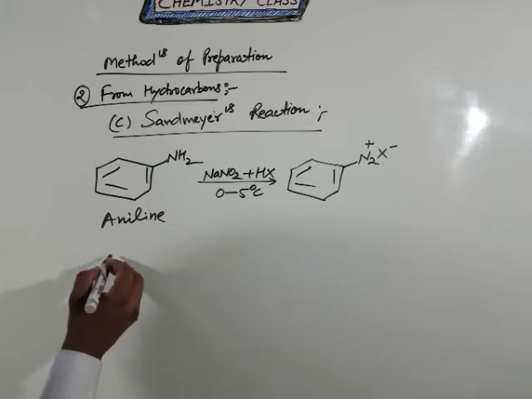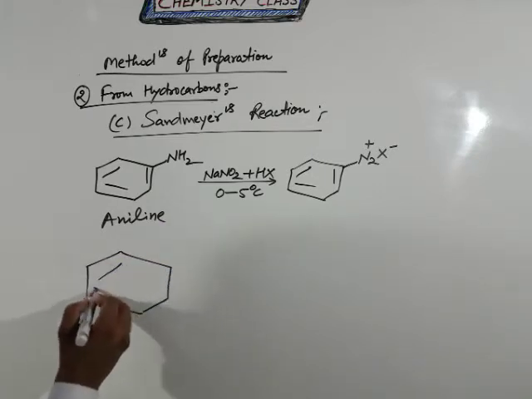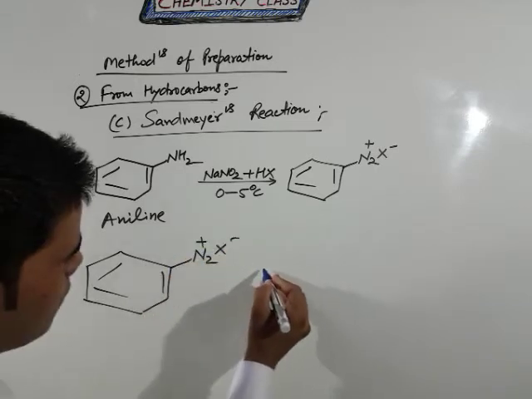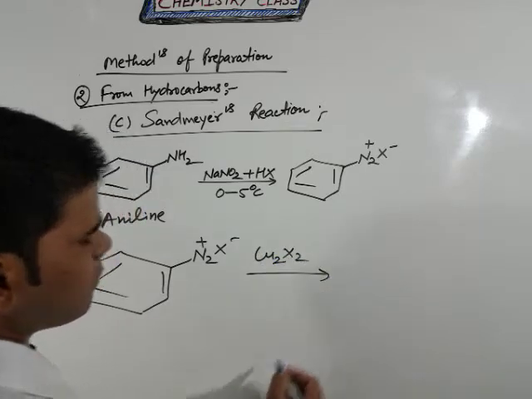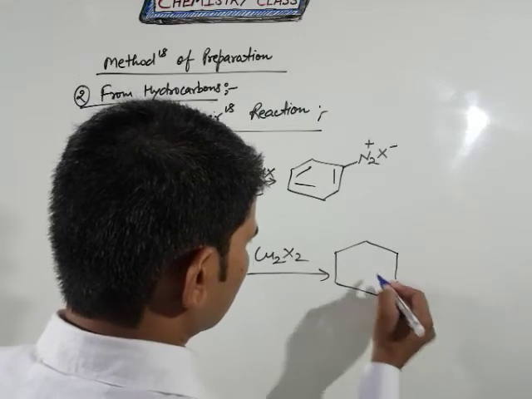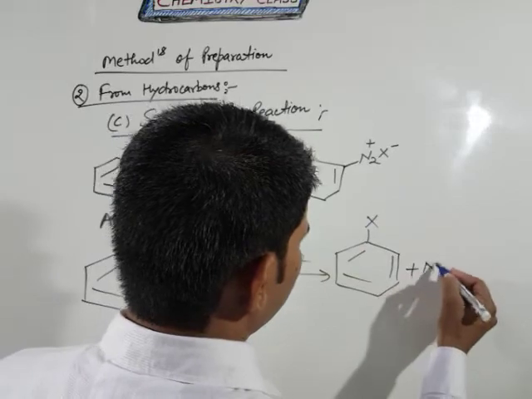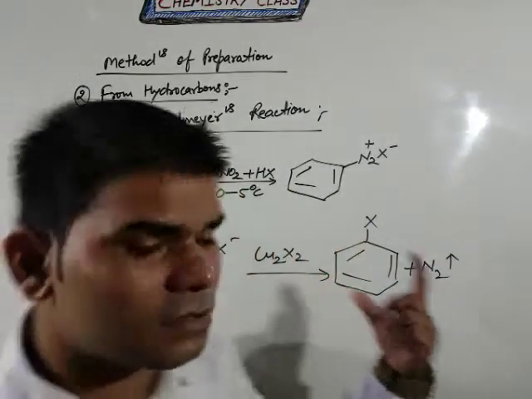Clear? If we again react this product with a Cu2X2 derivative, it will give aryl halides and N2 gas. Clear? This is our Sandmeyer reaction.